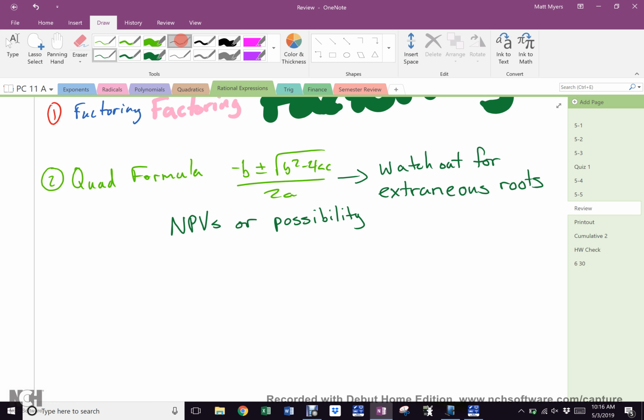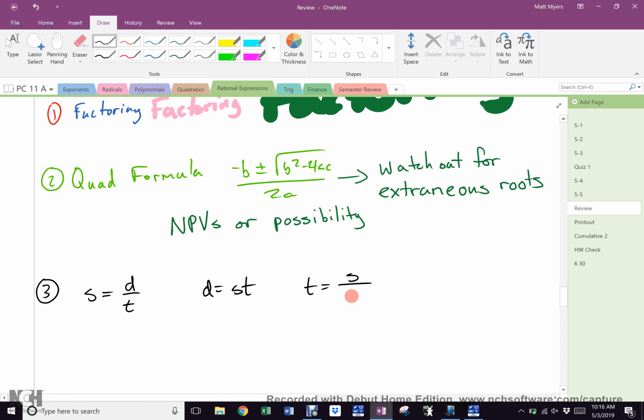The third thing you should probably be comfortable with is all of the versions of speed equals distance over time. And distance equals speed times time, and time equals distance divided by speed.